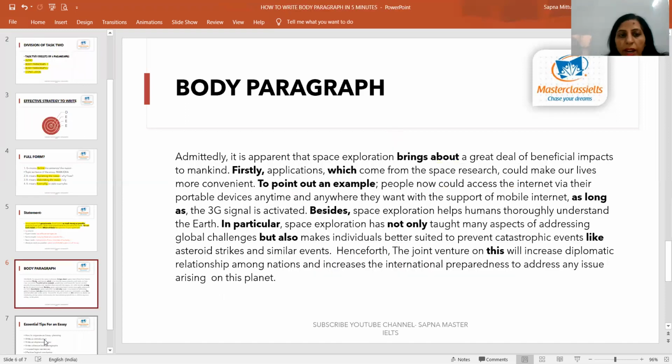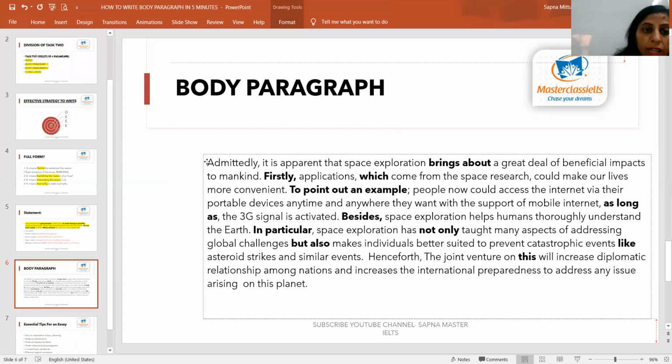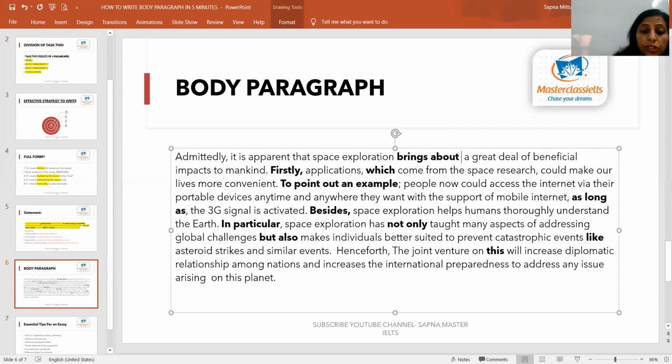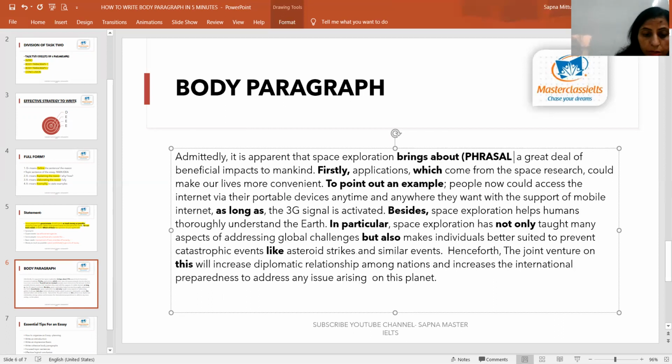What will I write? I have started with a connector, a linker: first of all, admittedly, it is apparent that space exploration brings about, which is a phrasal verb, a great deal of beneficial impacts to the mankind.